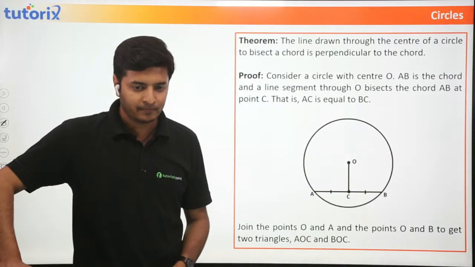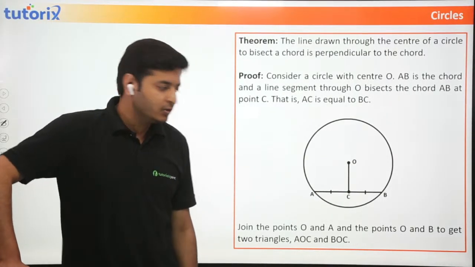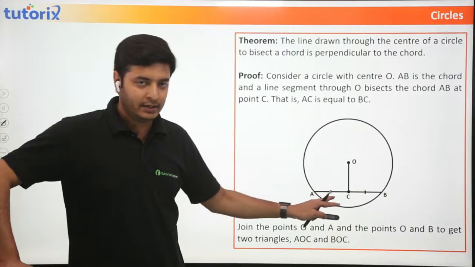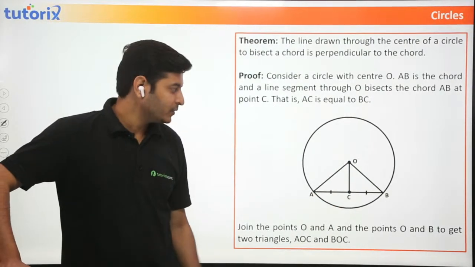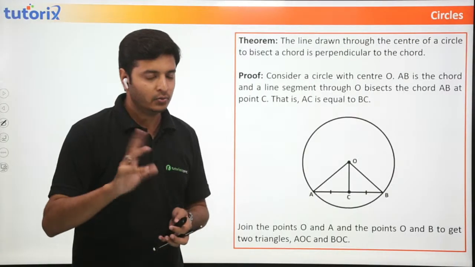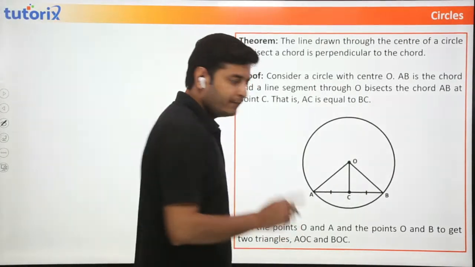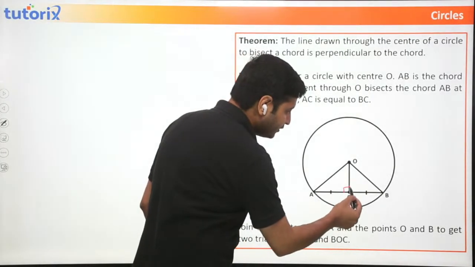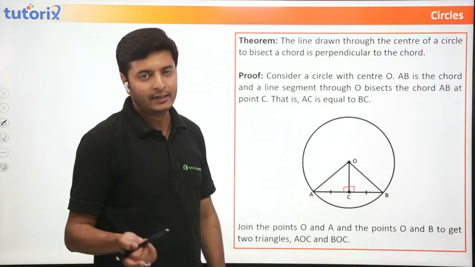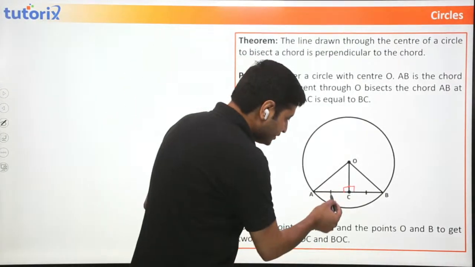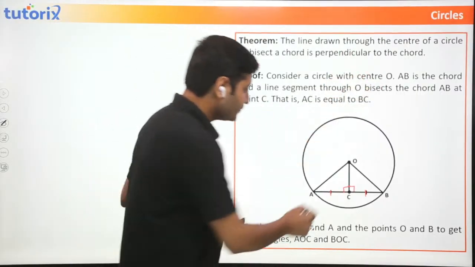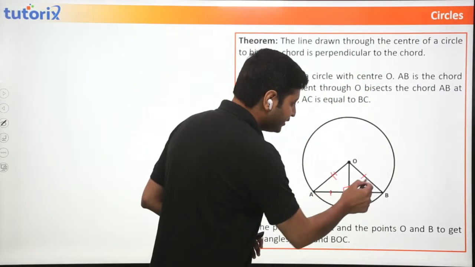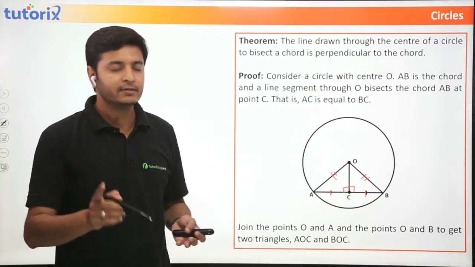Very good. Excellent. So the two triangles that we can see are AOC and BOC, like this. In these two triangles, we know certain things. We need to prove that these two angles are equal, or that they are 90 degrees. This side and this side are equal, given. This side and this side are equal because they are radii of the same circle.